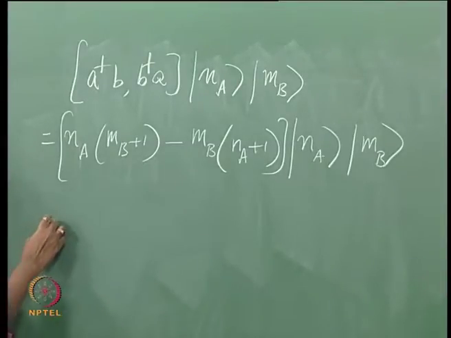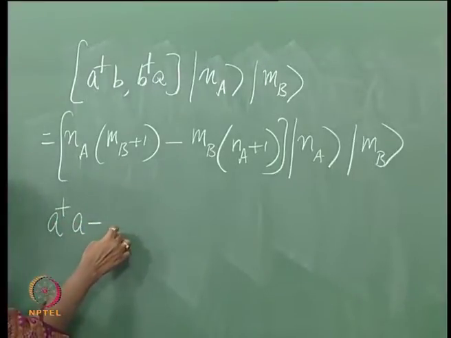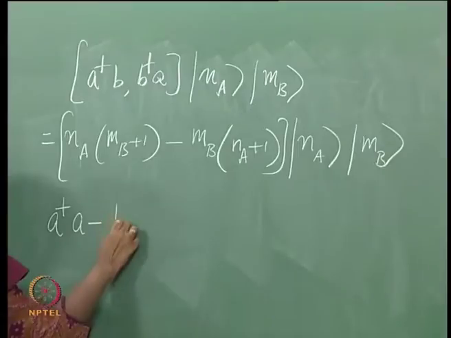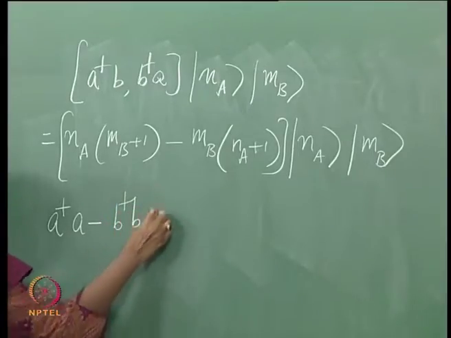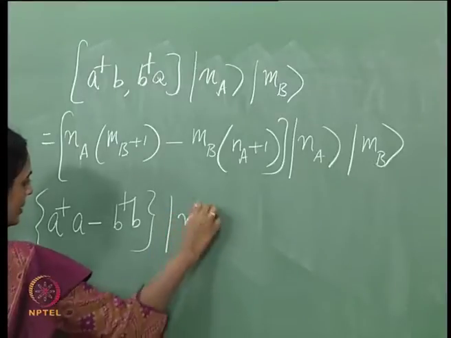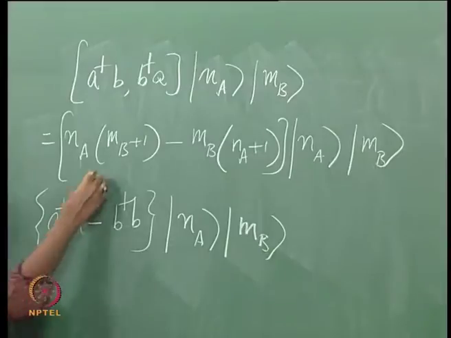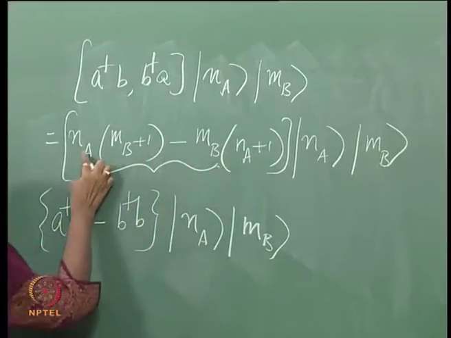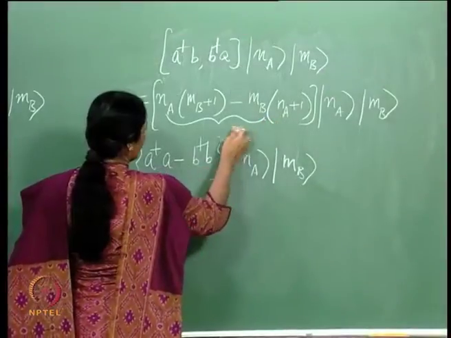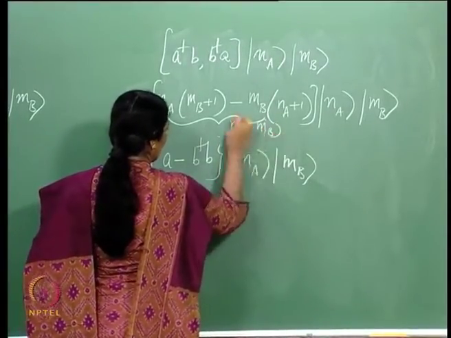Now, consider the effect of the operator A dagger A minus B dagger B acting on the state Na Mb. Now, this clearly simplifies. Na Mb cancels out and I just have Na minus Mb out here.